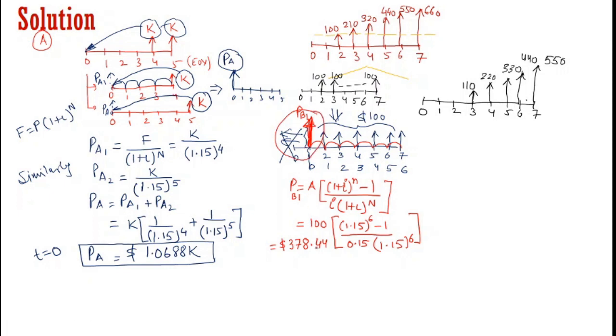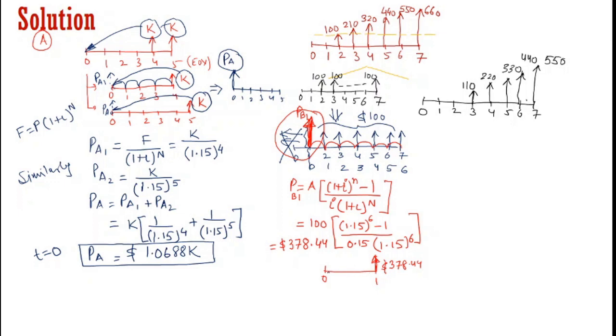So now what I am having here it is 0 and here it is 1. So what I am having is the net equivalent of these annuities at this point of time, and the monetary value of this is $378.44. Right.